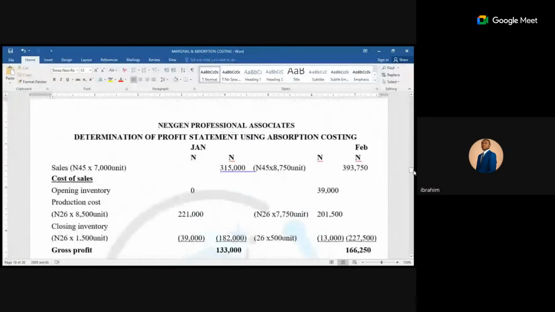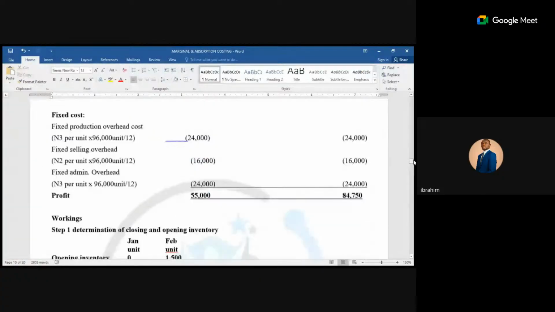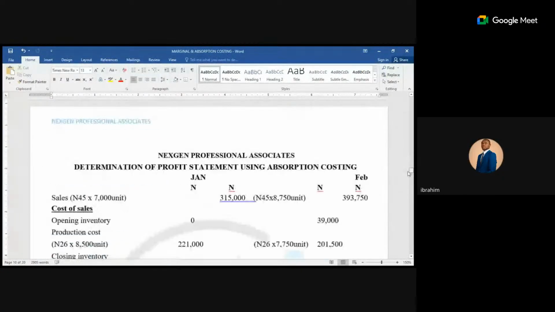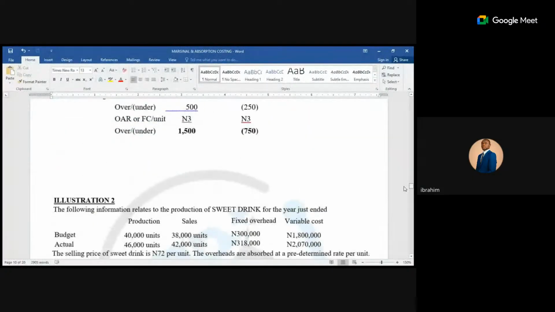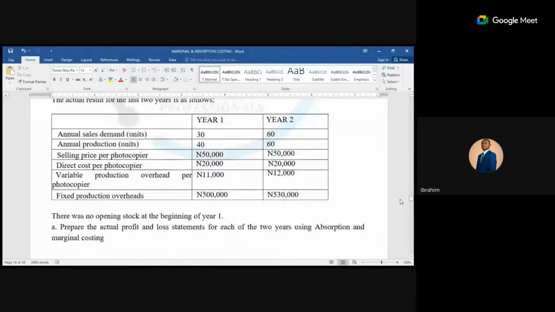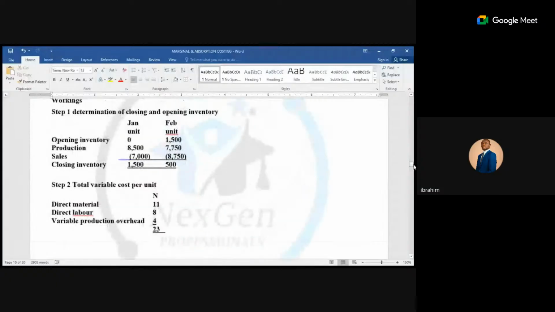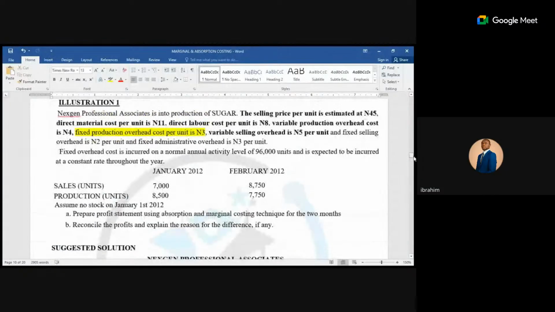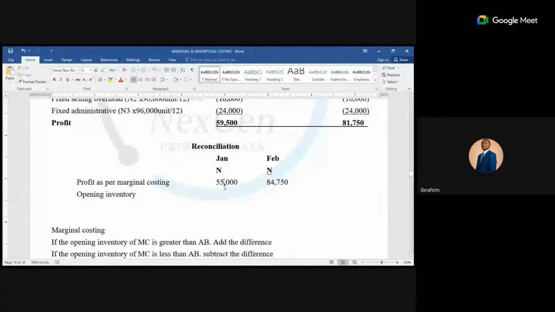I guess we did not have opening inventory for both marginal costing and absorption costing, right? Yes, for January. So we don't have anything there, we can have 0.